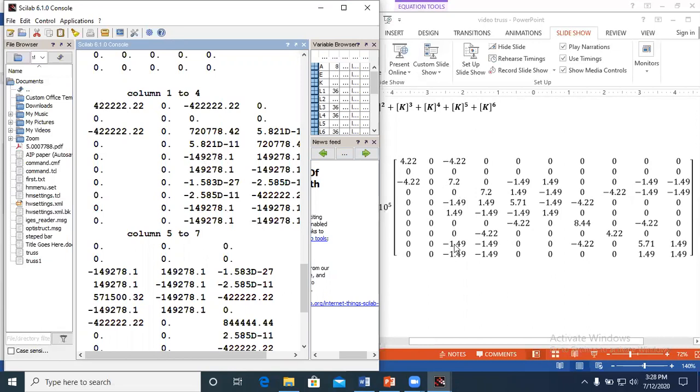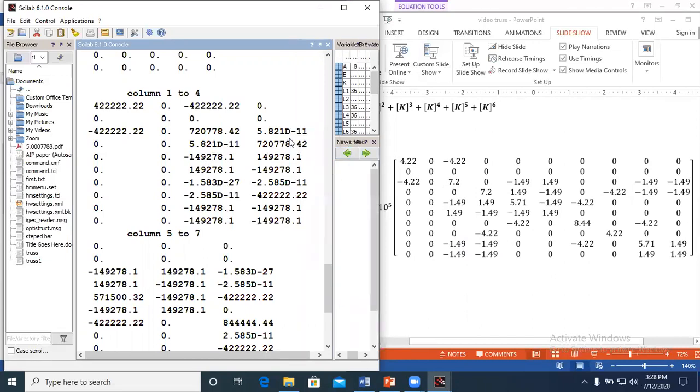You see here 0, 0, minus 1.49, minus 1.49. Next is 7.2, this term is 0. You can observe this. This term is 0. This is 7.2, 1.49, this one, minus 1.49, this is 0, this one, minus 1.49, this one.